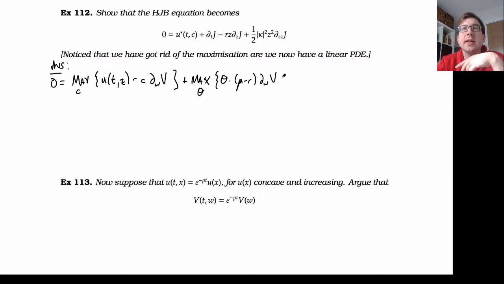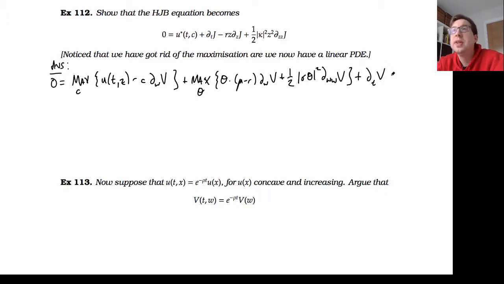So the terms to do with c, the terms to do with theta, then the terms that have nothing to do with theta.